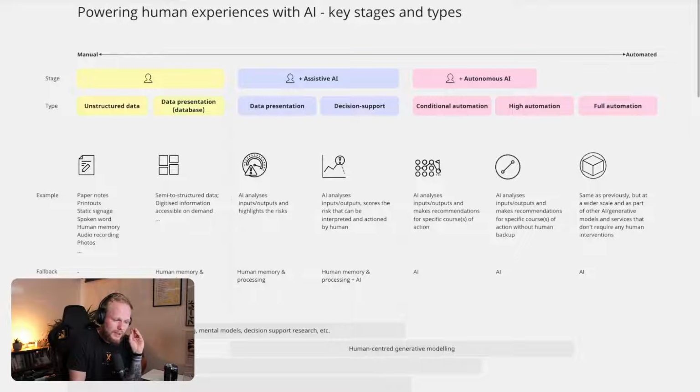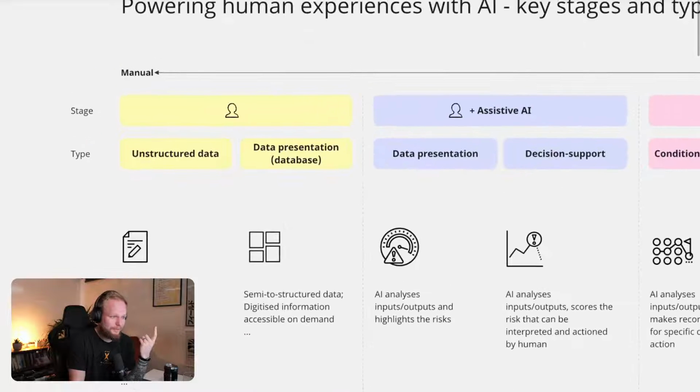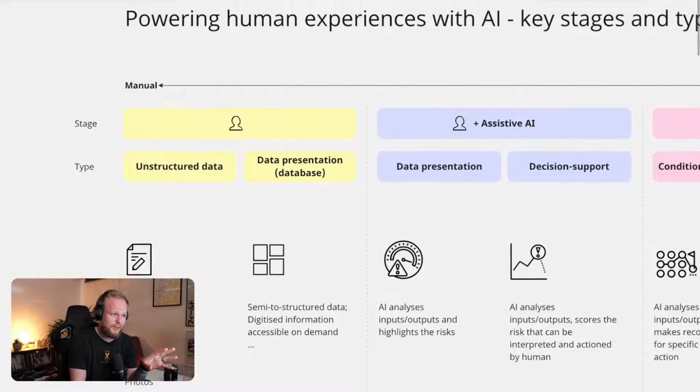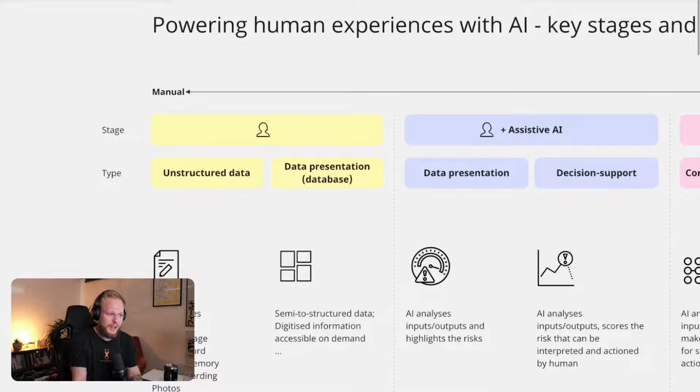Ultimately, there are several stages to human-centered AI experiences. In the first stage, you have just the human. This is exactly where we're at today. And to be honest, maybe 90%, let's say 95% of products and services are in this stage. They're nowhere near smart.